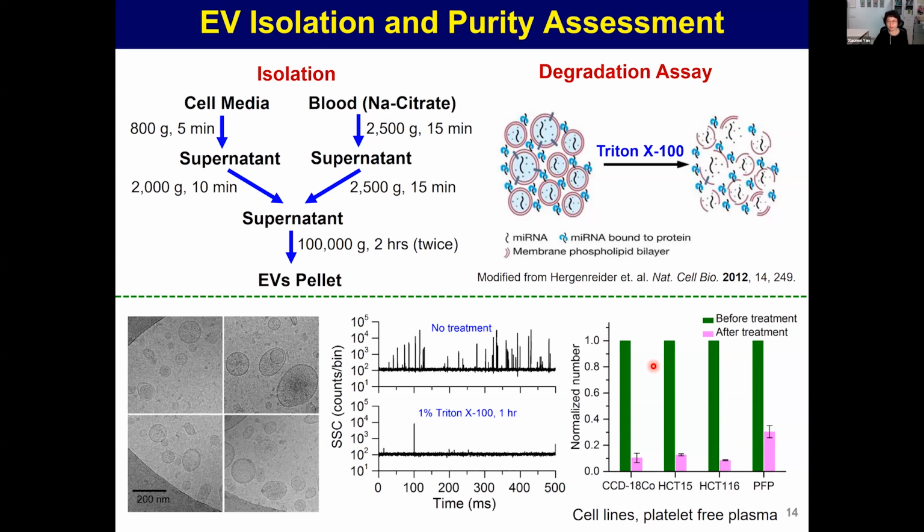So by enumerating the particles before and after Triton treatment, we can quantify the purity of the EV isolates. We can see that for 3 samples of EVs isolated from cell culture supernatant by using ultracentrifugation, the purity was around 90%. But for the EVs isolated from platelet-free plasma, the purity was 70%. This is easy to understand because there are a lot of lipoproteins coexisting in the isolation from plasma.